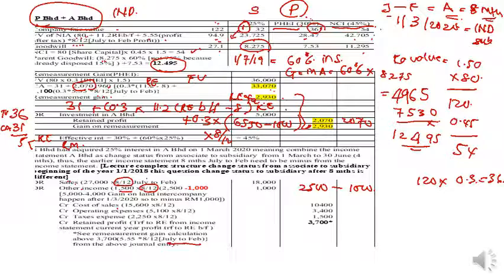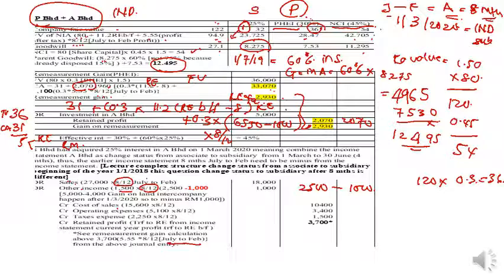So parent holds 60% in S. So for the goodwill in A, parent is going to have 60% times 8275. This is the share of goodwill through S. So the amount of goodwill for the parent's portion is equal to 4965.